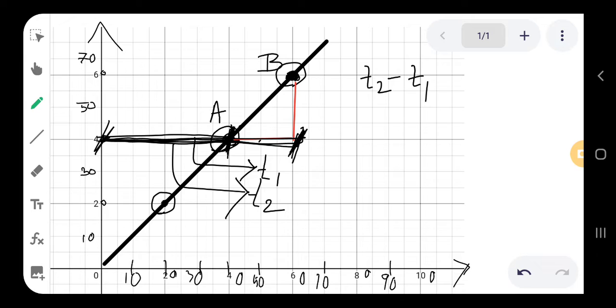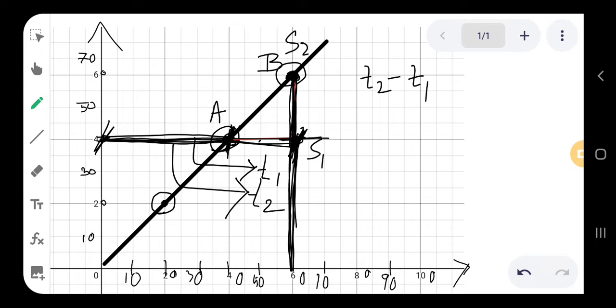And this to this is which distance? Suppose this is our S2, and this to this is my S1.